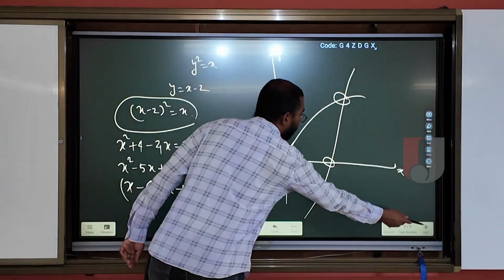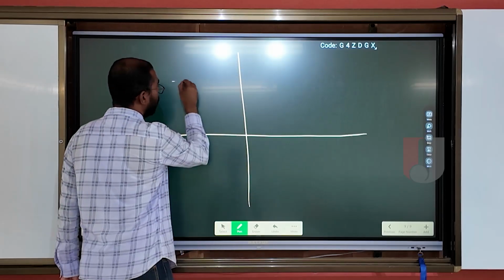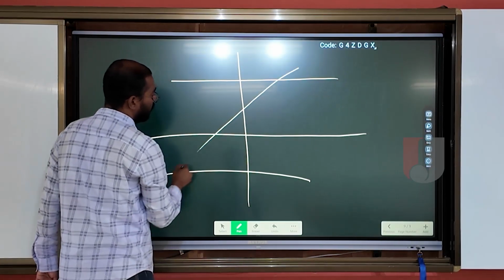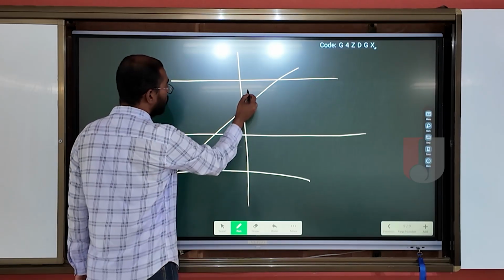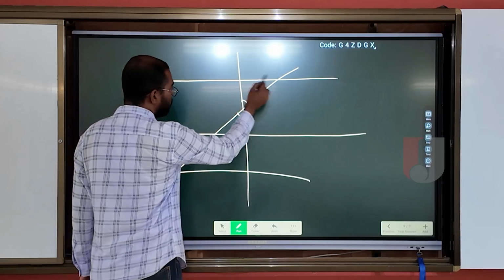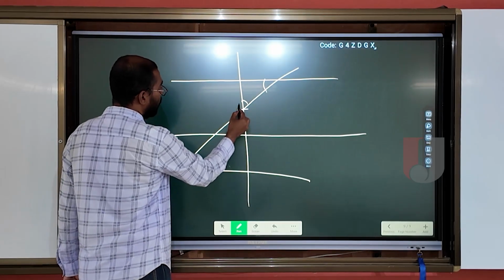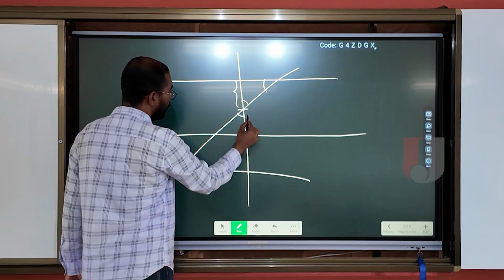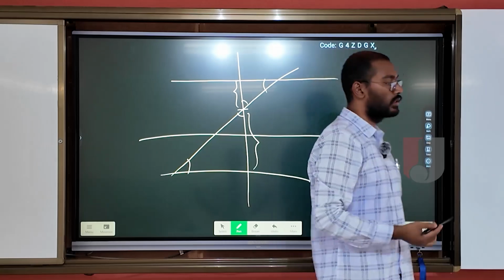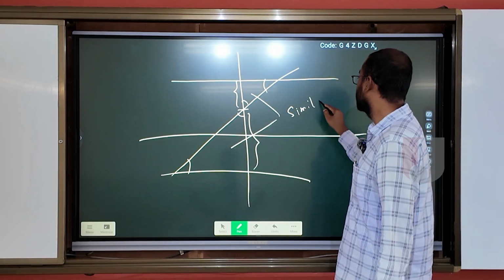Just to see, this is one line, and this is another line, and one curve intersects. Now you can see that these two are actually the same angle, since these two lines are parallel. From here we can see that these two lengths are the same, so these two triangles are actually similar.